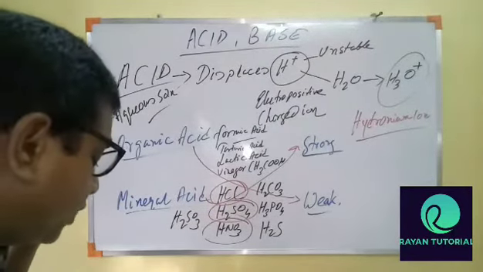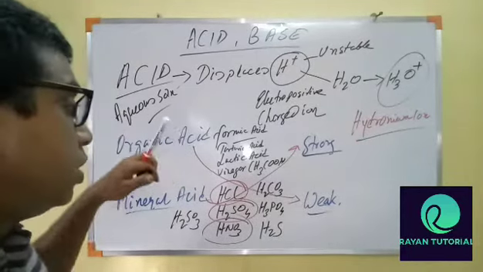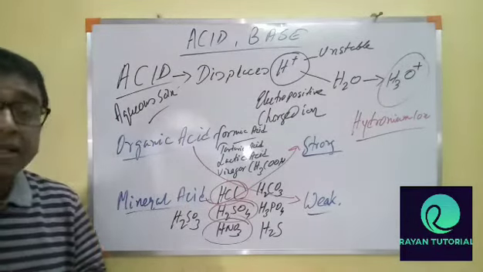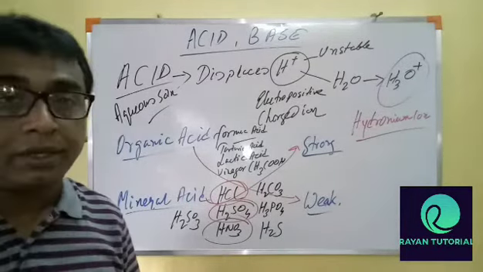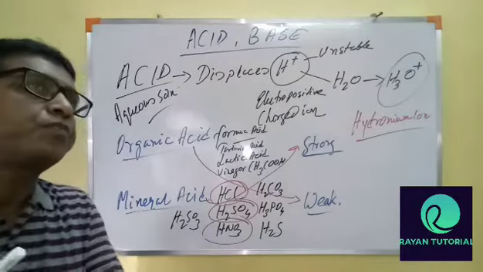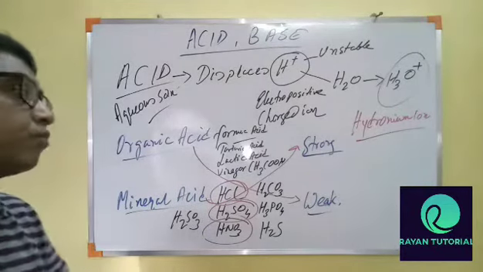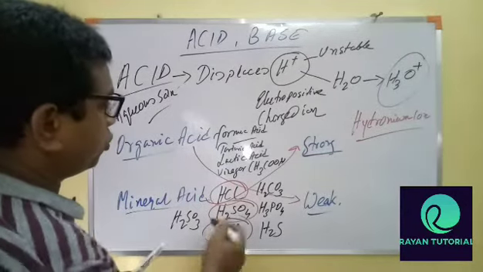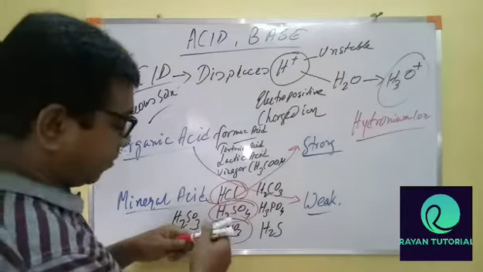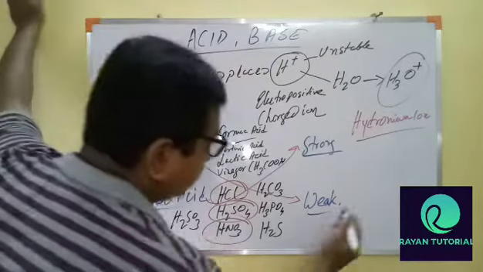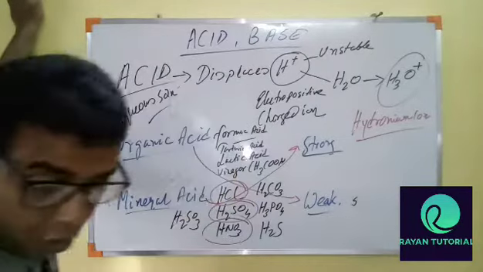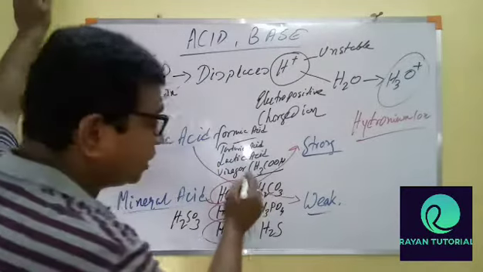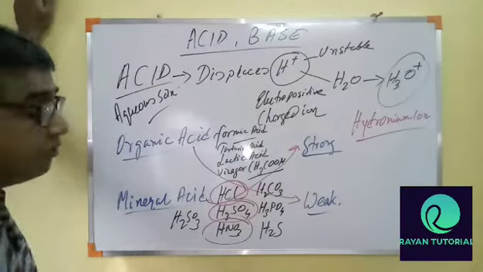Now how can you define which is strong and which is weak? The more hydrogen ions they displace, the stronger the acid will be. Suppose we take vinegar. Say there are 5 molecules of acetic acid, which we find in vinegar.